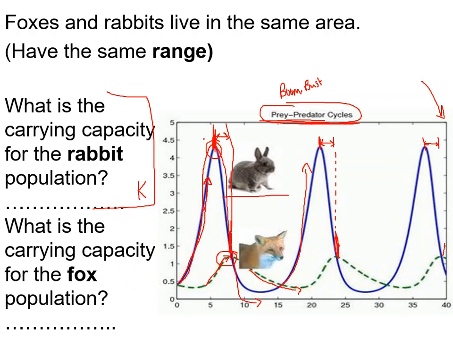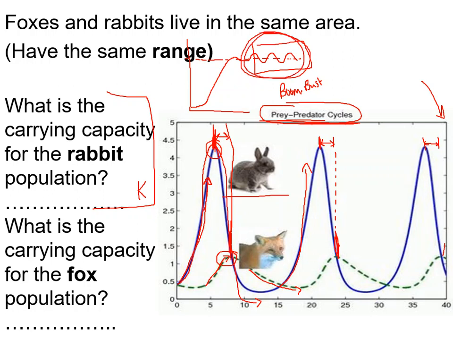So I'm assuming you've thought about it. You might be tempted to say that it's at the top or the bottom of these curves, but remember that we're basically zoomed in to this portion of the graph. So your carrying capacity is roughly going to run right in the middle.